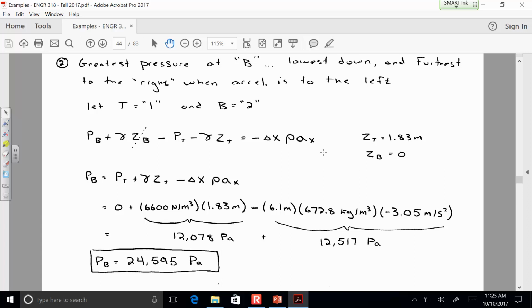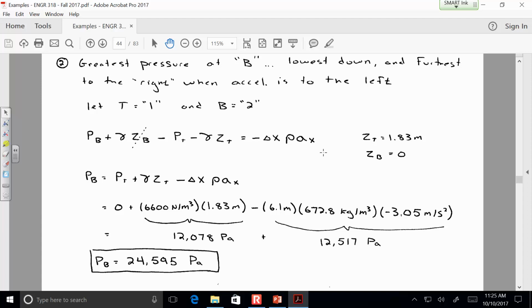So 24,595. And what that shows us is that Euler's equation simultaneously, if you have both a change in horizontal position and vertical location, takes care of the pressure change of both effects, the horizontal acceleration and the gravitational effect. And so you don't need to double account for that gravitational effect.